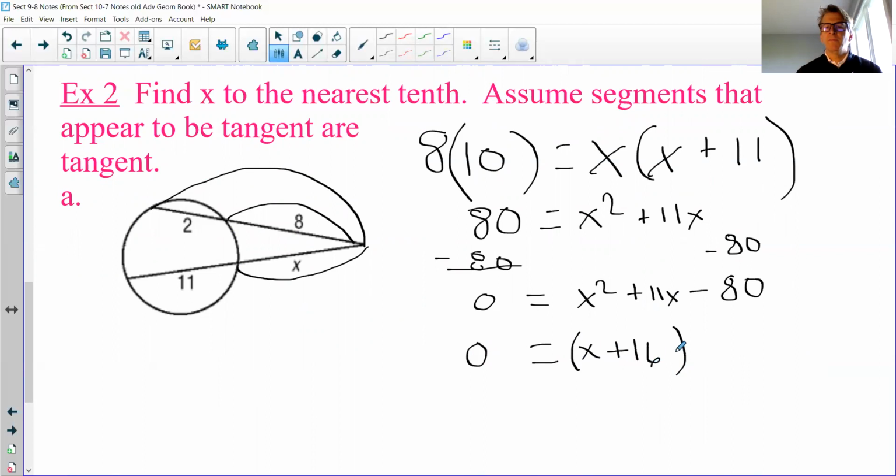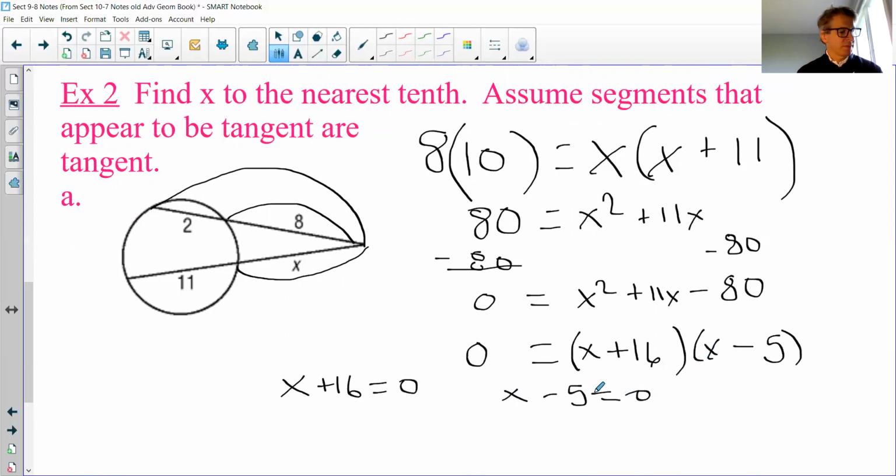16 and negative 5. All right, so your two answers will be x plus 16 is equal to 0, or x minus 5 is equal to 0. So this answer, negative 16, does not make sense with regards to the example, so we can just cross this off.